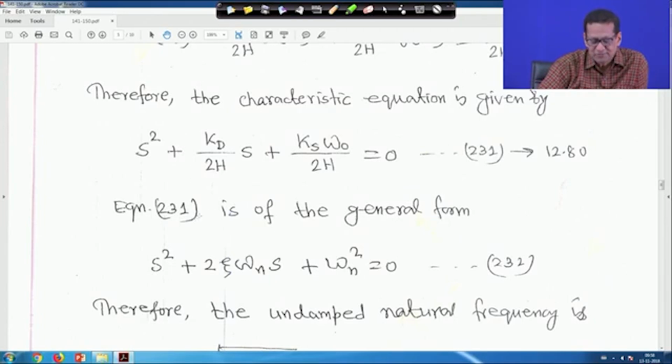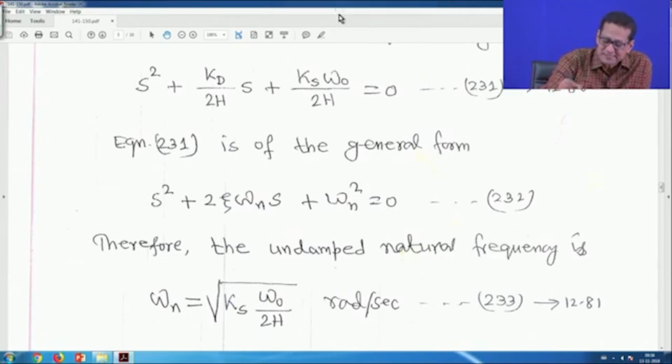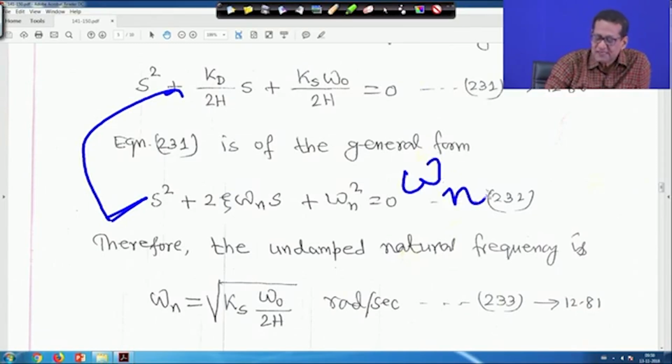Equation 231 is of the general form you have studied in your third year control system engineering. For a second order system it is s square plus 2 xi omega n s plus omega n square is equal to 0.